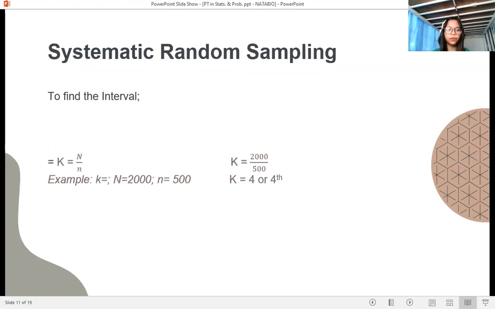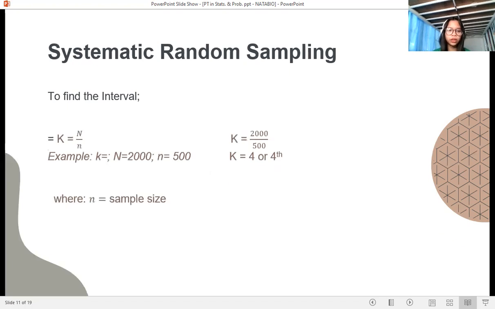For us to find the interval to determine the kth, or the ordinal, we also have a formula. The formula is k equals N divided by n. The k represents the interval, the small letter n represents the sample size, and the capital letter N represents the population size.